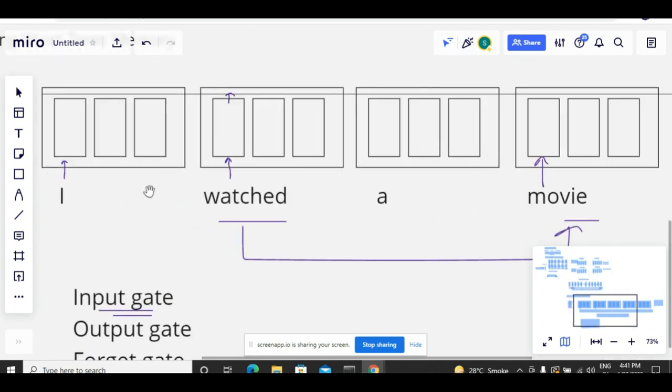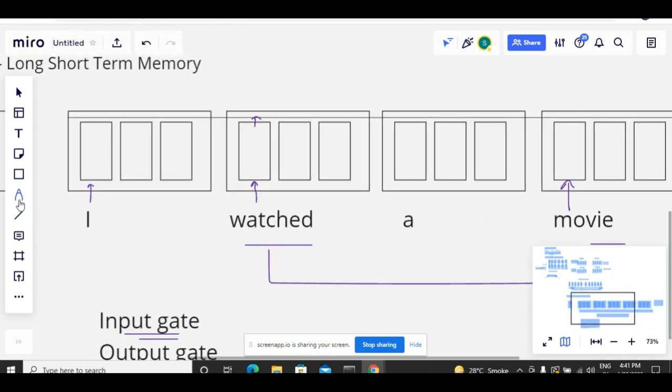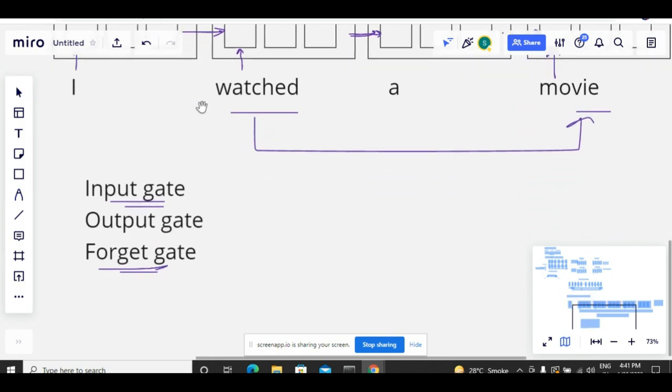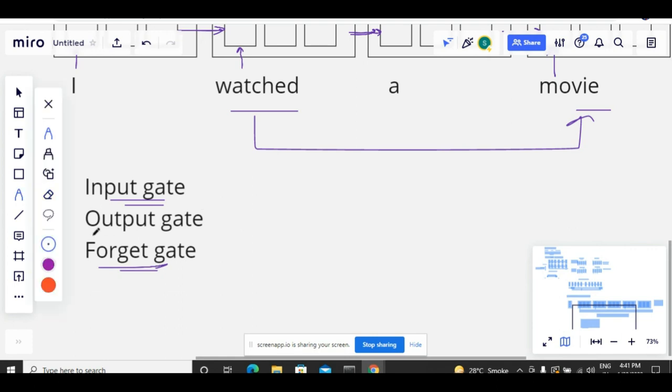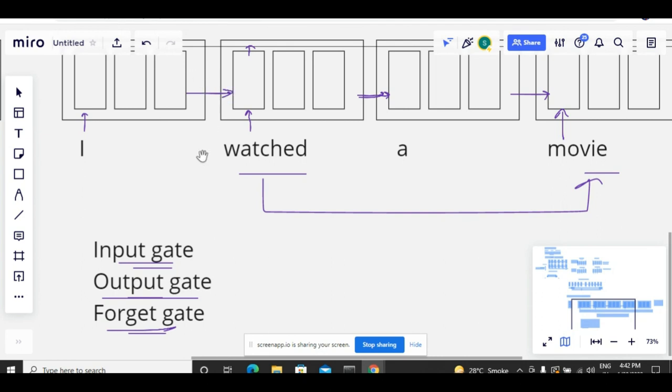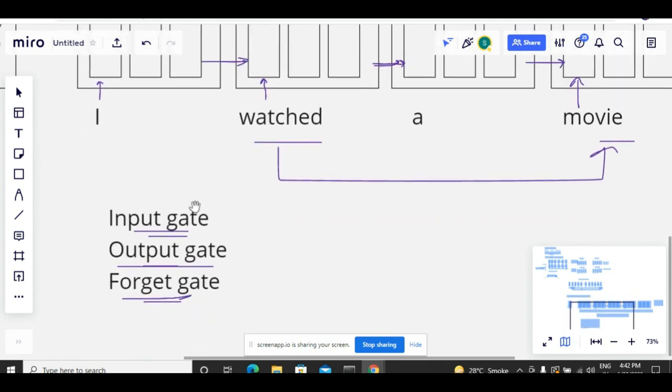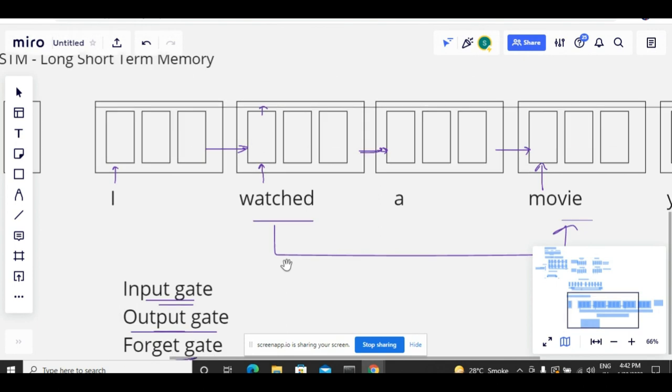Now let me tell you what is the role of output gate. Output gate simply outputs the value to the next cell. So in a way, you can consider the output gate as capturing the short-term relationships, or the short-term dependencies, and input gate and forget gate together are capturing the long-term dependencies.